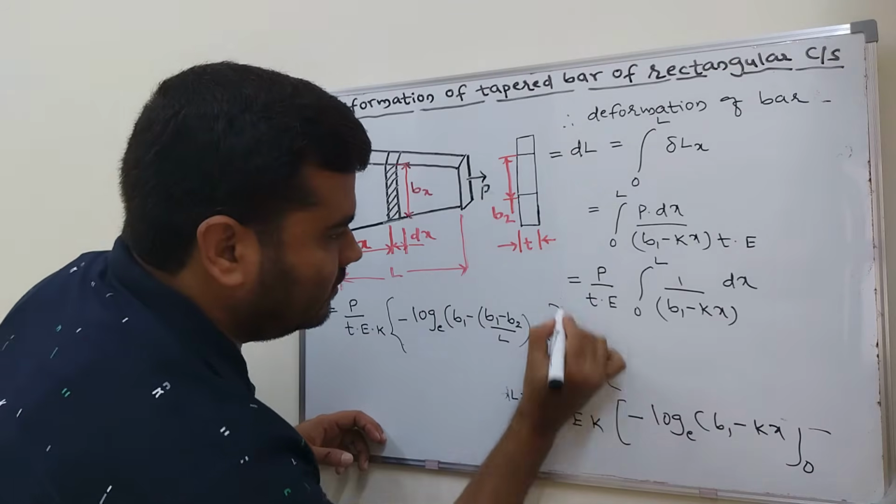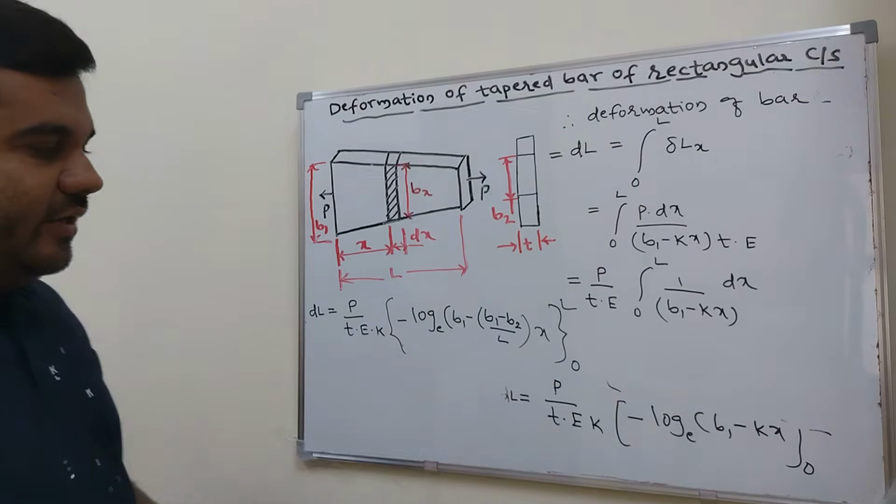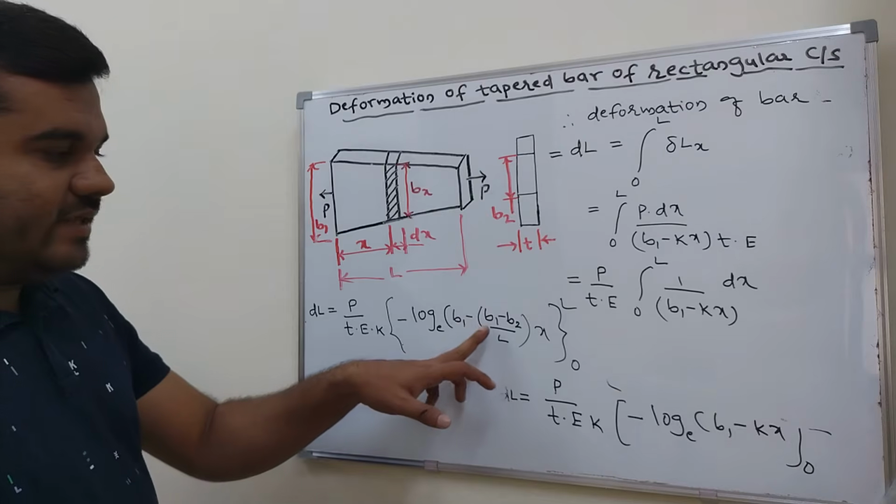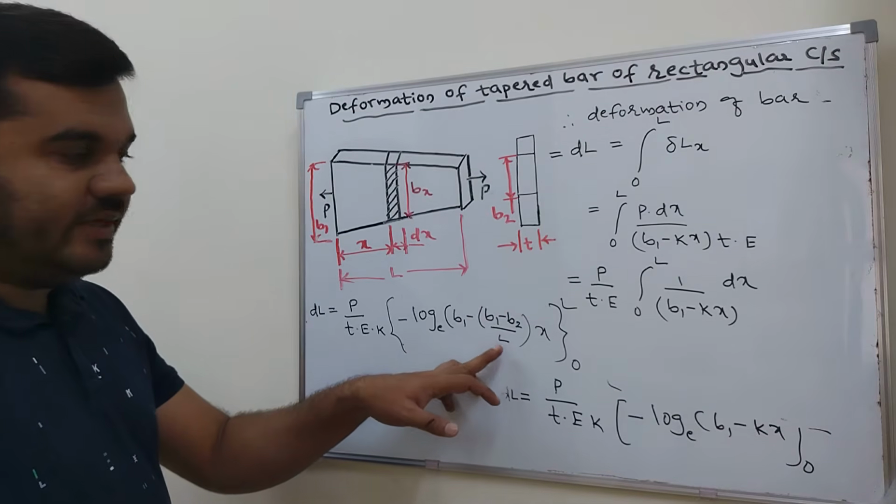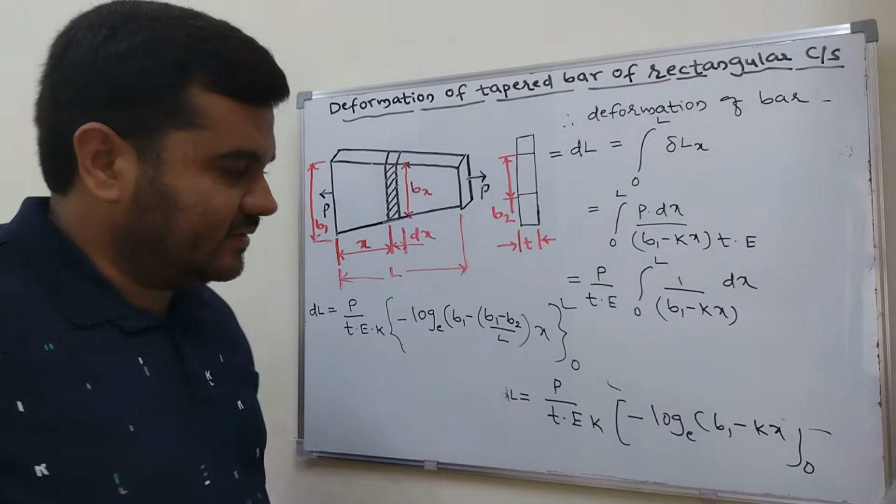This is 0 to L here. Did you get the point? I only substituted the k value here. k is b1 minus b2 divided by L into x.